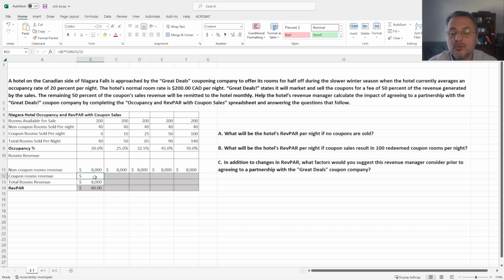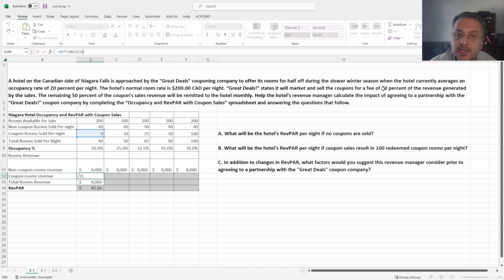Non-coupon room revenue is going to be, of course, the same because they always sell 40 rooms for 200 Canadian. And for the coupon rooms revenue, if you click on it, we get the regular price, which is 200, right? And the company says we're going to make it half off. Basically, they're going to sell it for 100. So that's what the divided by 2 is, 100. But also, they keep a 50% fee.